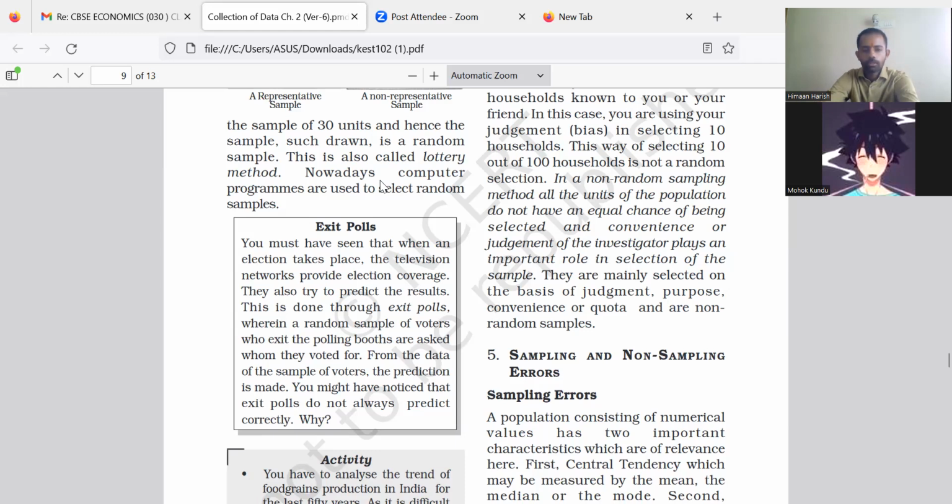They are projected on TV channels from the data which they collect from voters on which political parties they voted for. So they only ask a select group of voters, which can also be called a sample. After that, they make the prediction on which party is winning the election based on the votes polled.